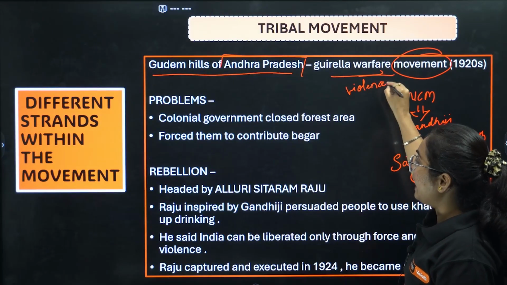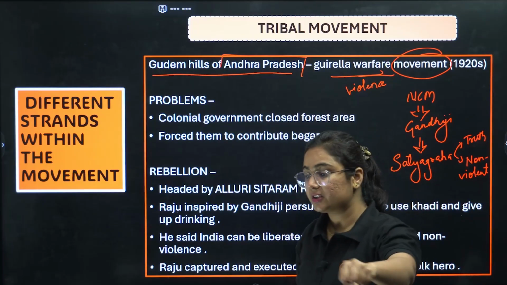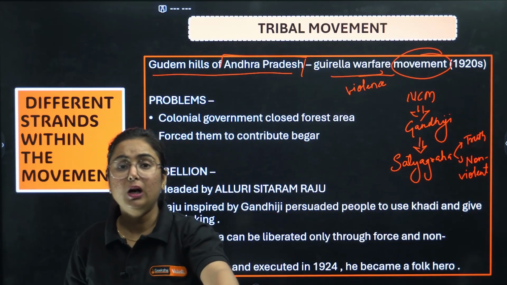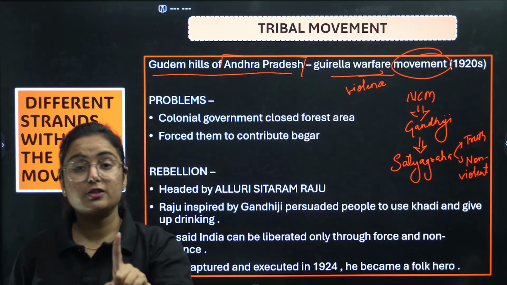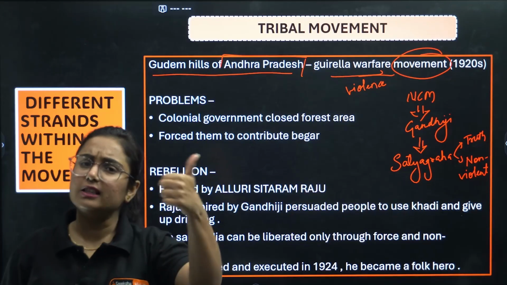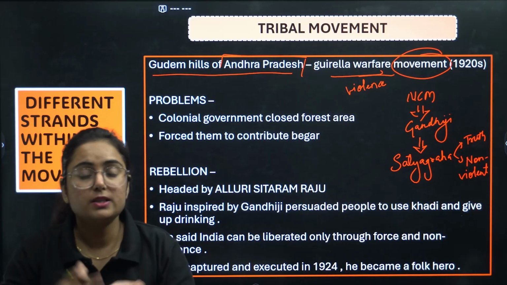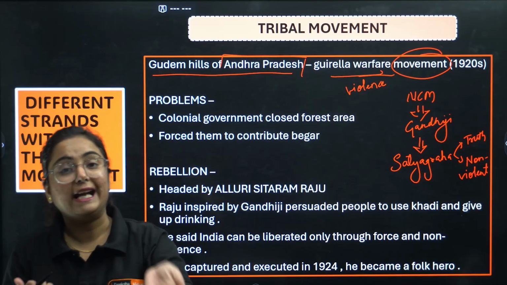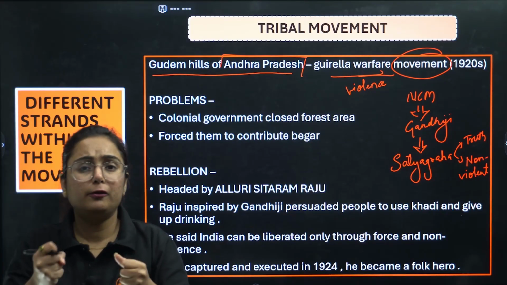I want to tell you what were the problems which urged these tribal people to start that revolt. It is basically the colonial government laws. Forest laws, you have already learned this in class 8 and 9, were implemented by Britishers which denied entry to the tribals. Tribals have a very strong feeling for their land.